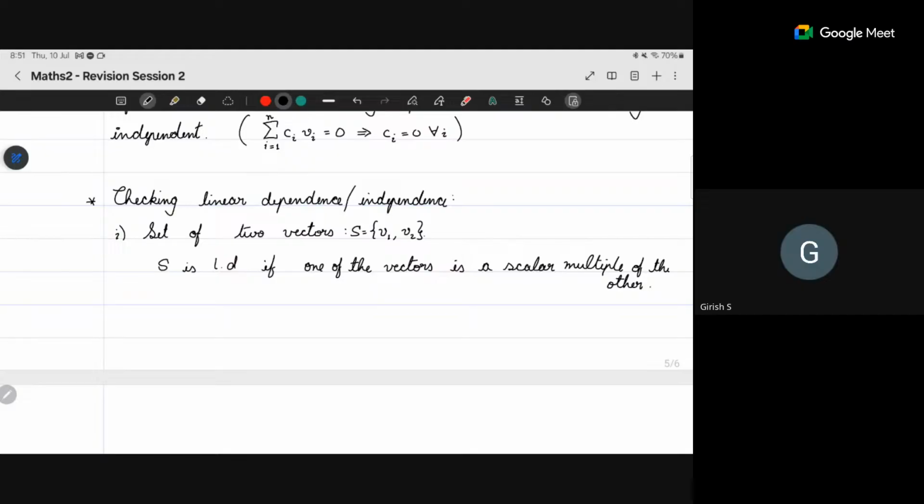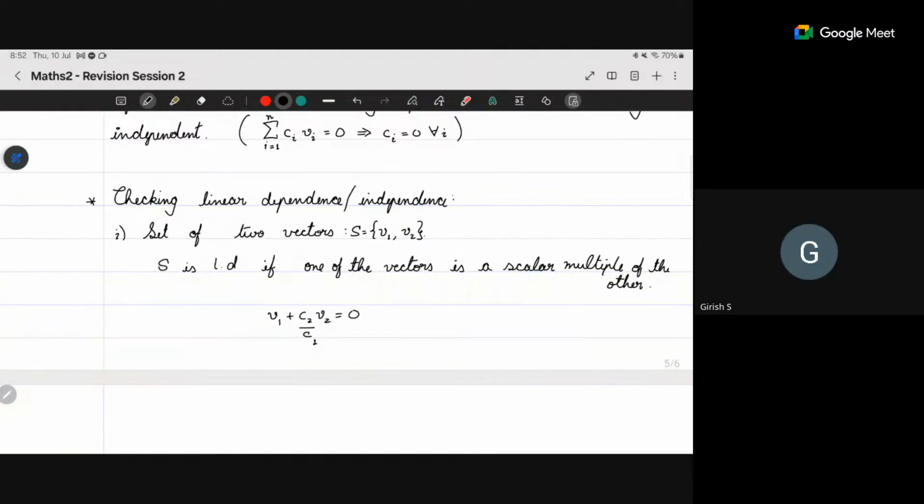Is that fine? Because if we do something like c1 v1 plus c2 v2 equal to 0, and it has a non-trivial solution, meaning c1 or c2 is non-zero. Suppose c1 is non-zero, the other case is similar. Then I can write v1 plus (c2/c1) v2 equal to 0.